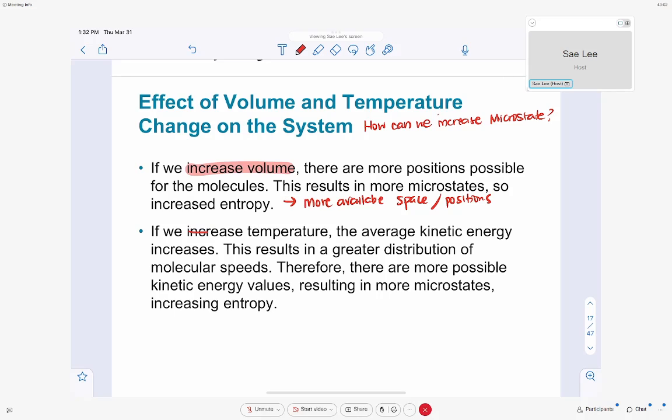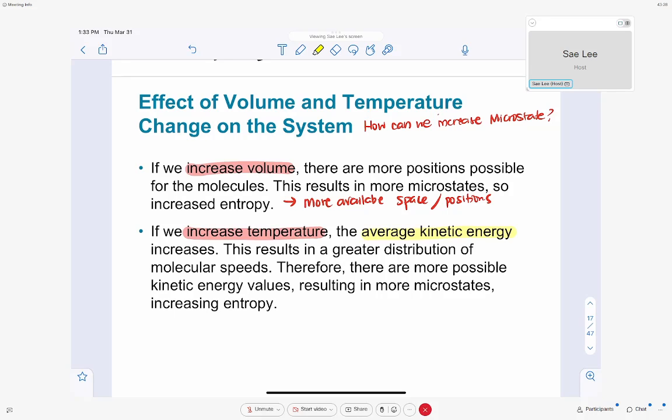How about increasing temperature? If we increase the temperature, the average kinetic energy of the molecules will increase. At higher temperature, the molecules are going to move at a much higher speed, which will result in greater distribution of molecules.